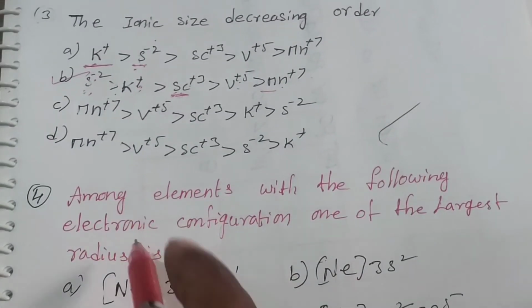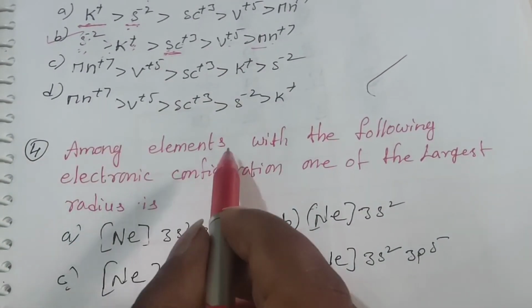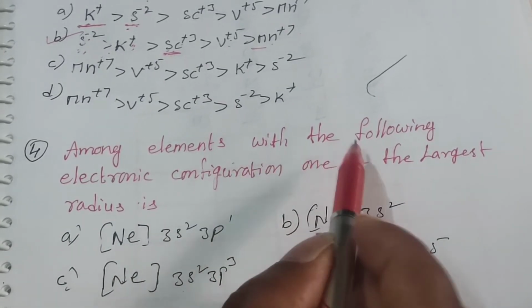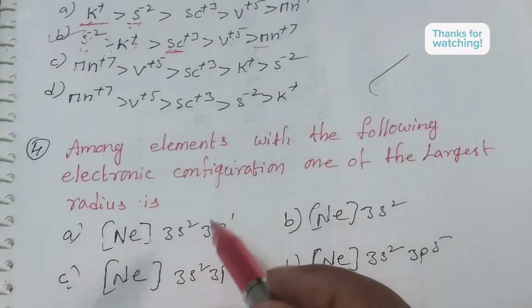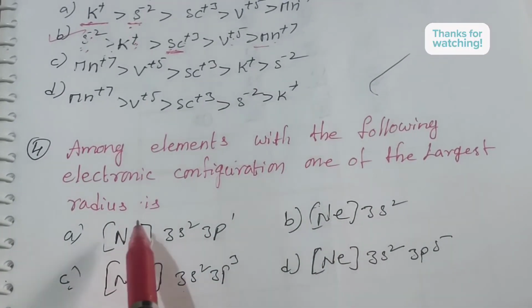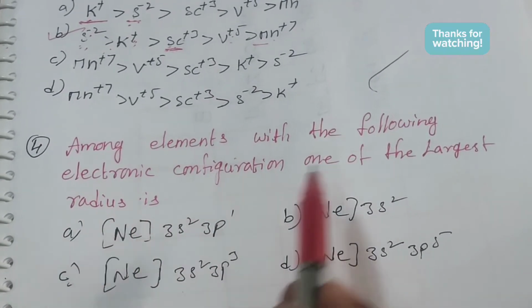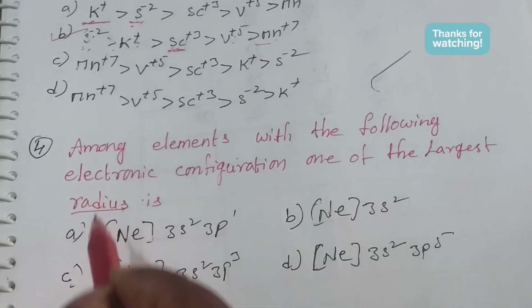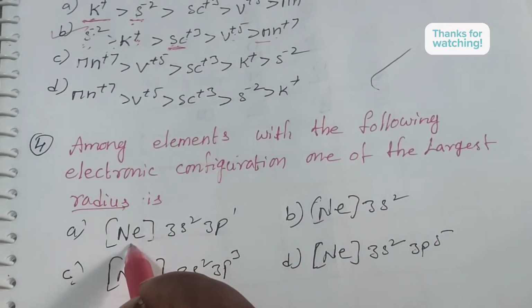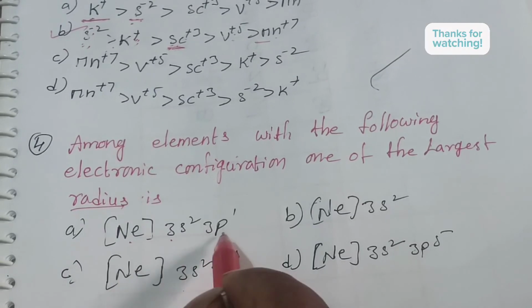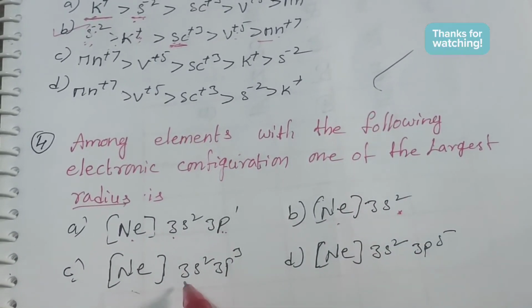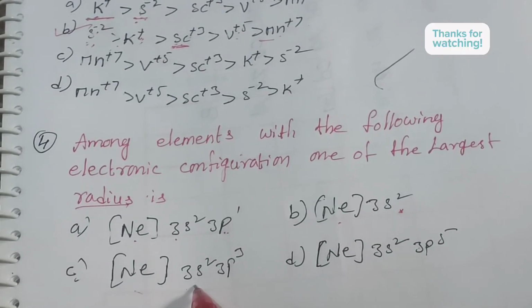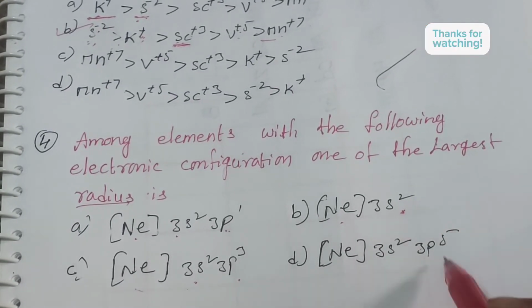And among the elements with the following electronic configuration, which one has the largest size? Largest atomic radius. Here neon 3s2 3p1 is aluminum, neon 3s2 is magnesium, neon 3s2 3p3 is phosphorus, and the last is a halogen.